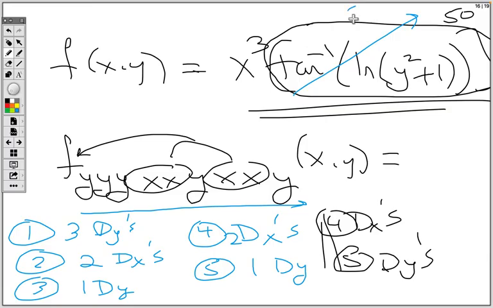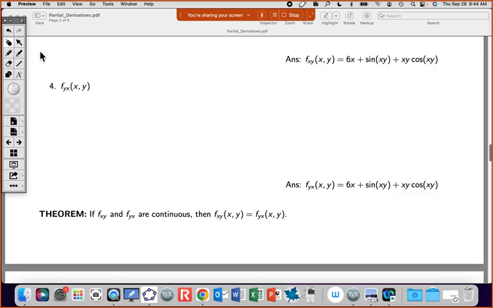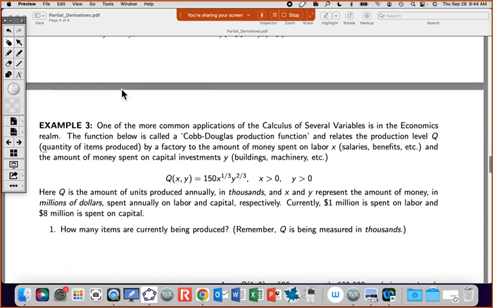This would all be a constant. You follow? And what happens when you take 4 derivatives of x cubed? What do you get? You get 0. So that would be 0. So you can use Fubini's theorem to move around the order of derivatives as long as you know the derivatives will be continuous. Right. Okay.